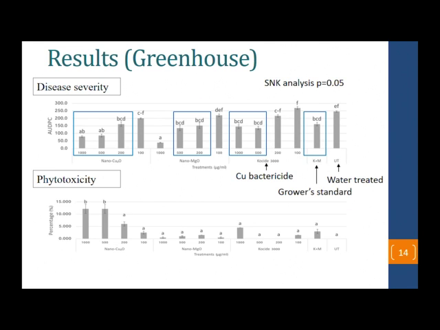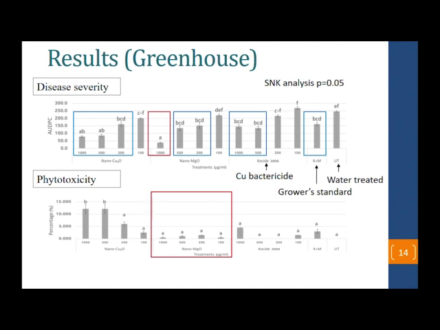Although the copper bactericide and grower standard have the same level of disease severity reduction, we are using a lower concentration. And 1,000 ppm of magnesium oxide nanoparticle actually significantly reduced disease severity compared to the grower standard and COSI 3000.